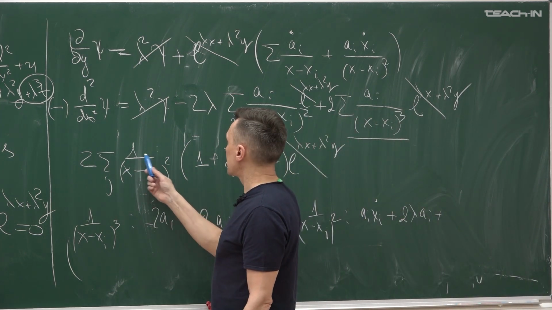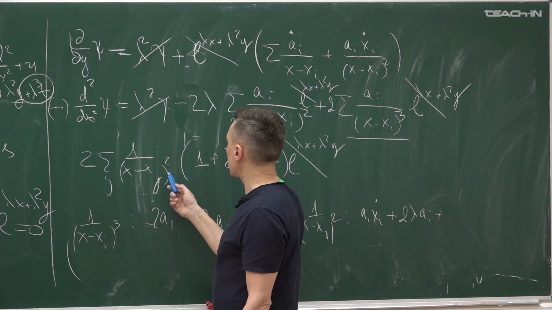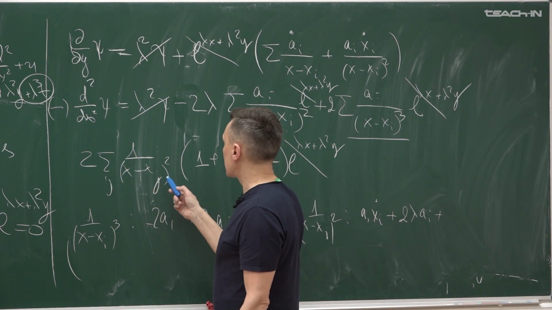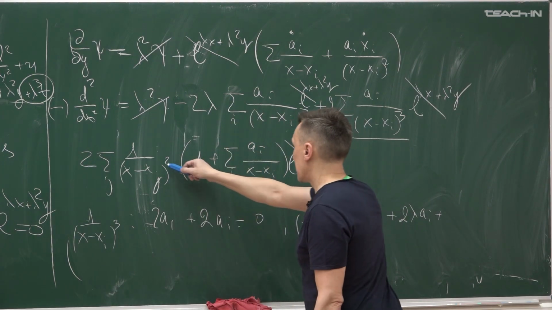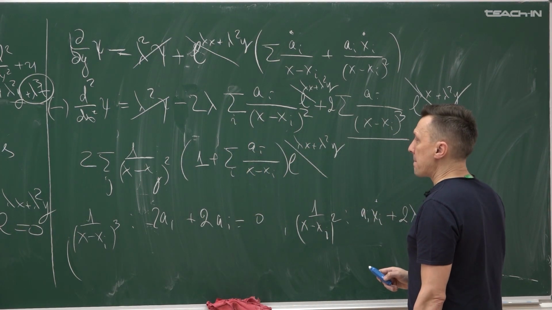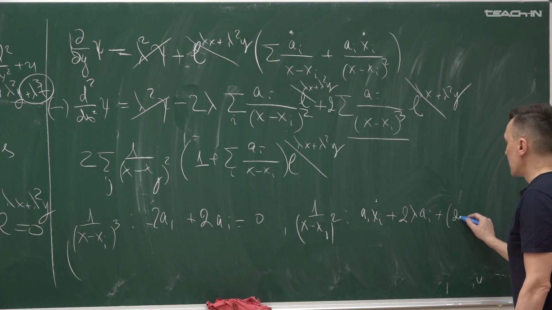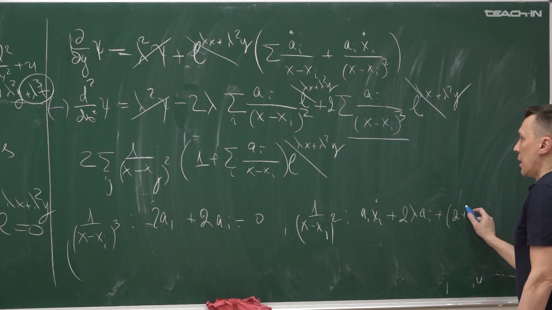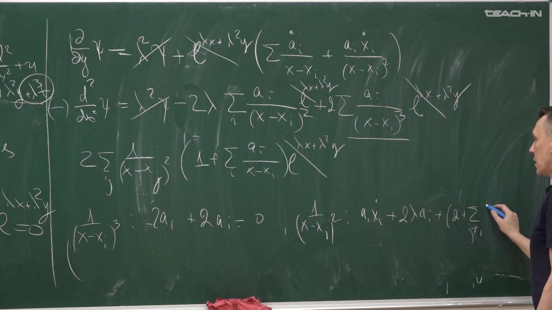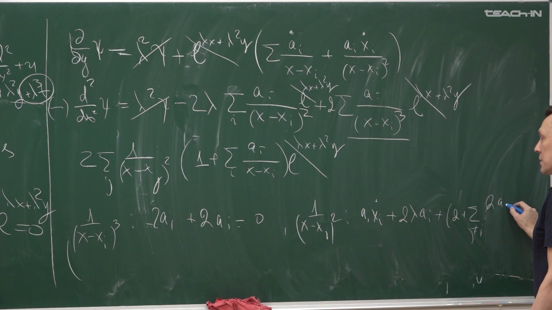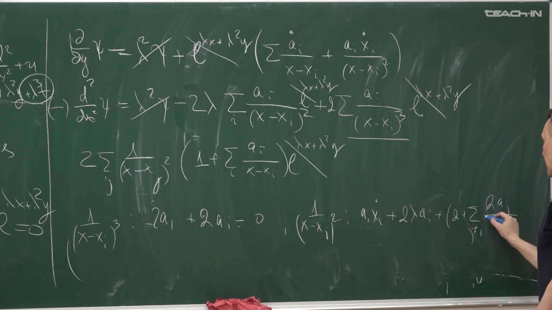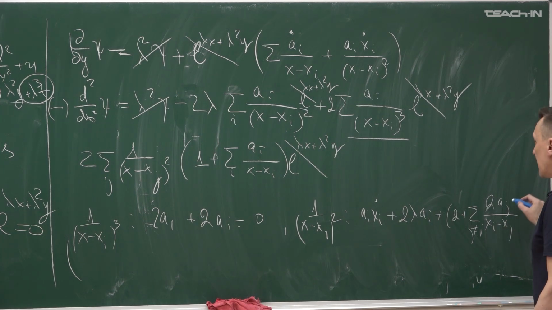So the coefficient at x minus xj power 2 is 2 plus sum over j not equal to I of 2aj, and here we have to place xi minus xj.